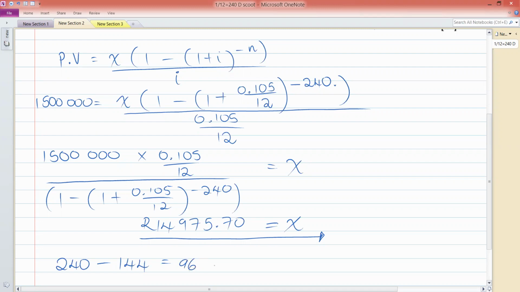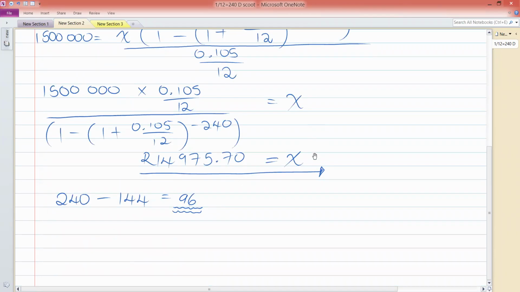96. Right, so now this is what we're going to use to work out our outstanding balance, okay? So the payment equals the same monthly payment that we just found, same interest rate, and it's compounded monthly.